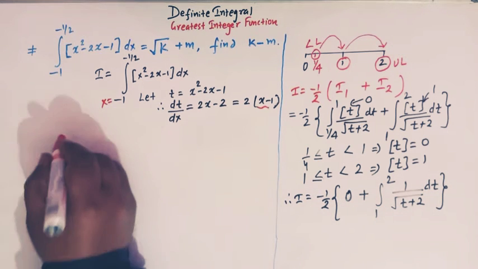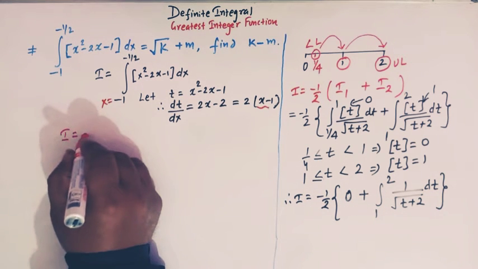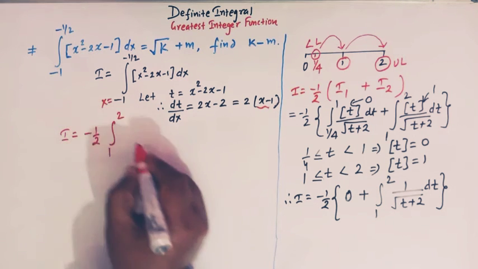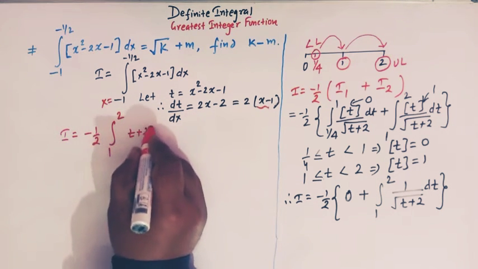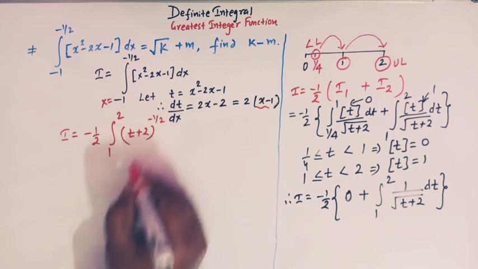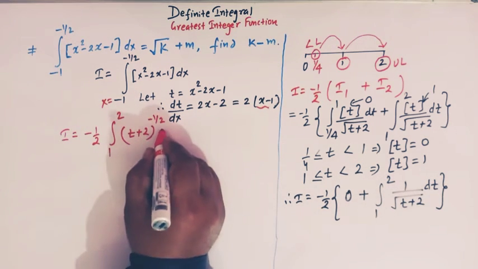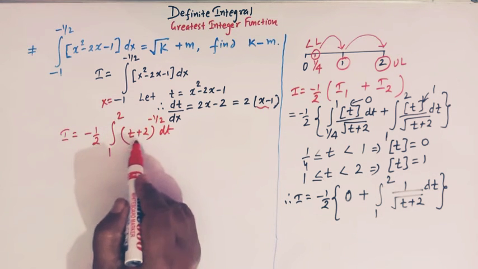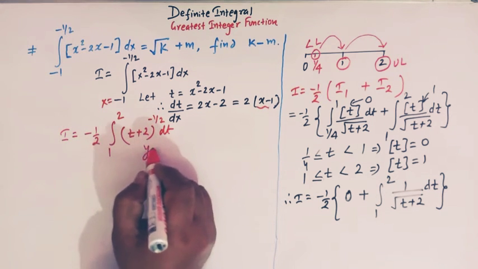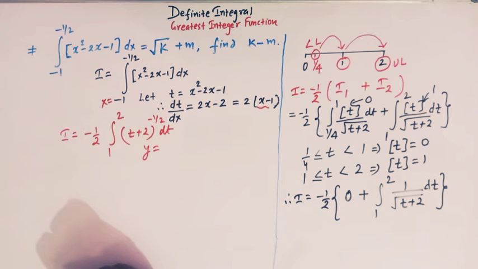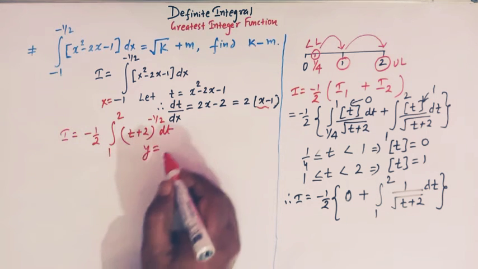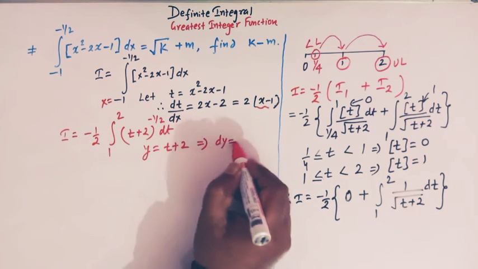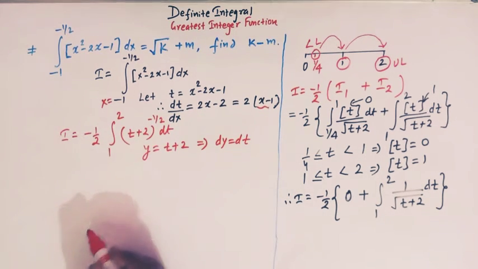So now I can be written as minus half, integral from 1 to 2 of (t plus 2) raised to minus half dt. Now we have to solve this simple integral, and here we can again use the method of substitution. So we can take y is equal to t plus 2. So this implies that dy is equal to dt, right?